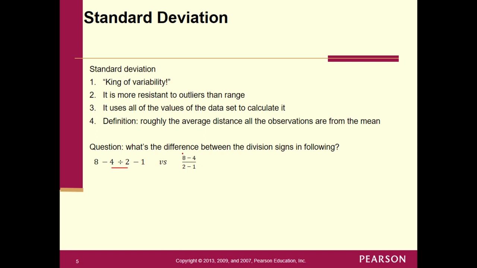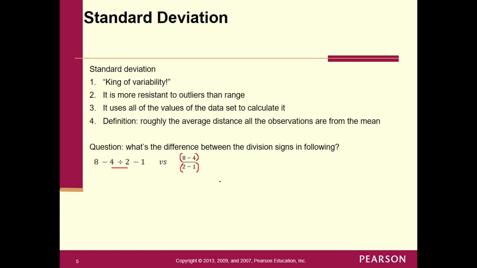With this division sign, you're supposed to realize that you have parentheses in both the numerator and the denominator. And so remember, with the order of operations, you always do parentheses first. And so some students were breaking the order of operations because they don't see the parentheses, but you're supposed to assume that parentheses are there.